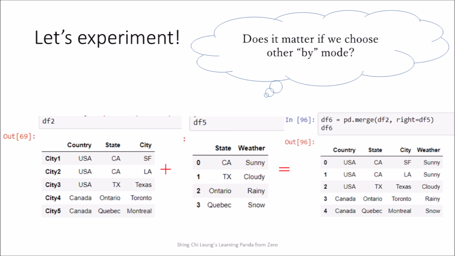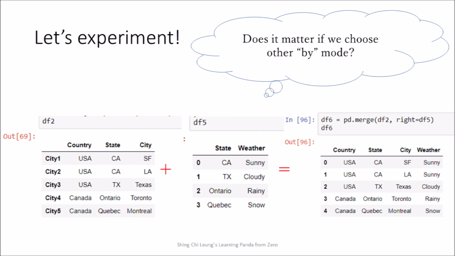Now let's take a look at the result. The merging method is very easy to use. We write pandas.merge and fill in the two data frames. Then Pandas automatically chooses the common columns to do the matching. In the final data frame, we see that as long as the left data frame contains the state which is recorded in the right data frame, Pandas will assign the value from the column weather to the output data frame.